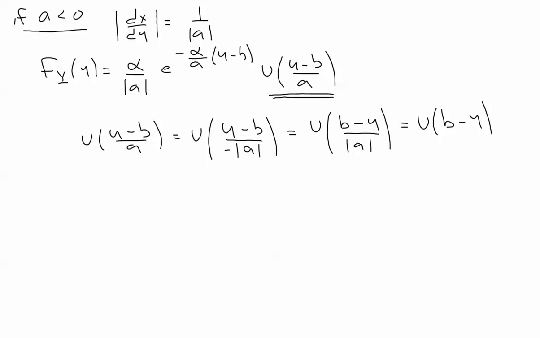In all cases, my step function is unity when the argument is greater than 0. That's what my step function u of b minus y looks like.